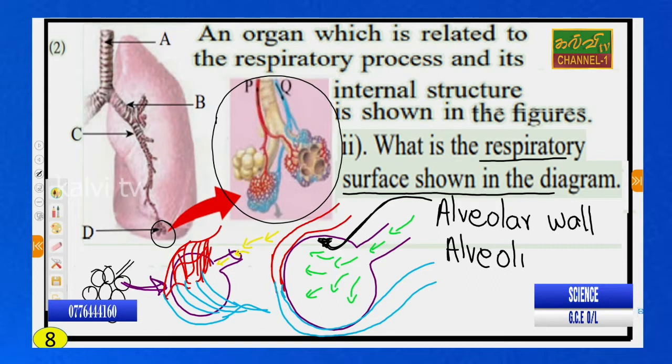So now we can understand what the respiratory surface shown in the diagram is: the alveolar wall. Small grape-like, sphere-shaped tiny bags are called alveoli. They help to absorb oxygen from the atmosphere, because the surface of the alveolar wall helps to dissolve gases. After that our blood capillaries can absorb it.